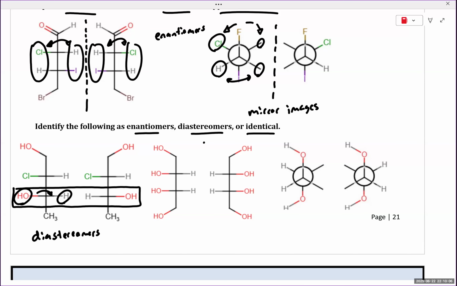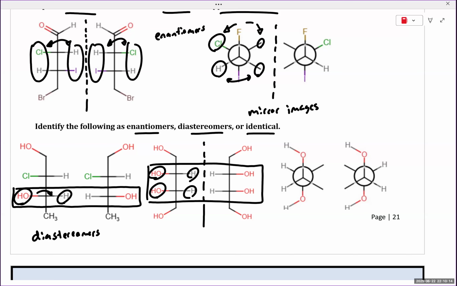Okay, so I see very clearly that these two structures are mirror images. We have our substituents swapped at all of our carbons. So these would be enantiomers. Likewise, looking at this pair of Newman projections, these two structures represent non-superimposable mirror images.